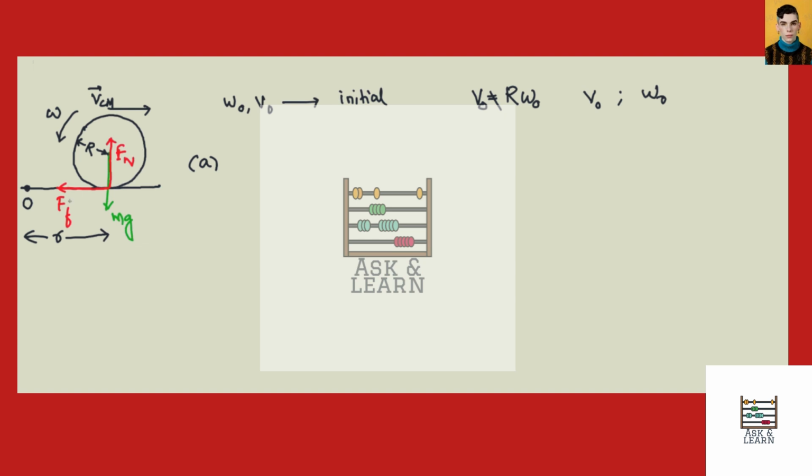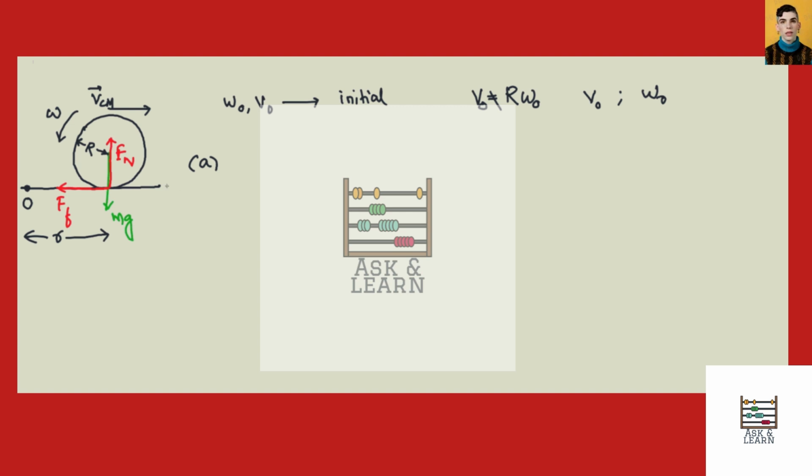The frictional force, which I have drawn to be opposite to the direction of motion of the center of mass of the ball, to be specific. And there is a normal force from the ground at the point of contact of the ball and the ground, and there is weight acting from the center of the ball.